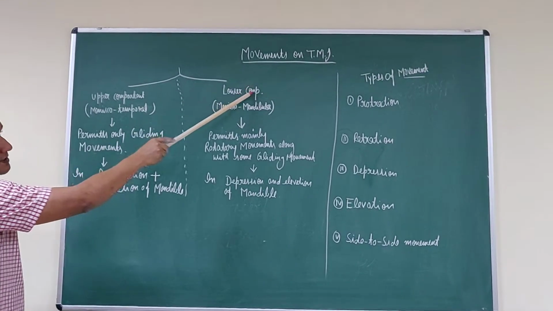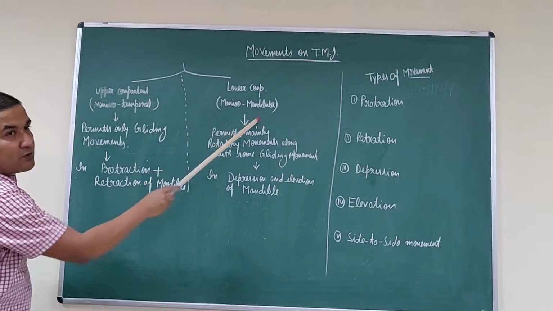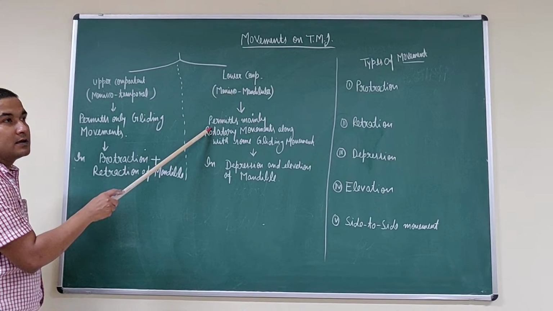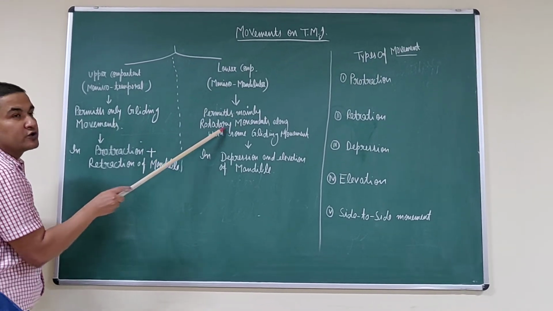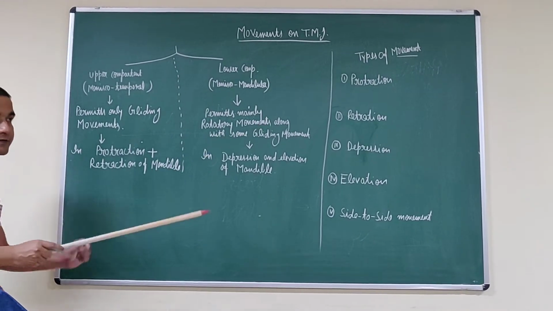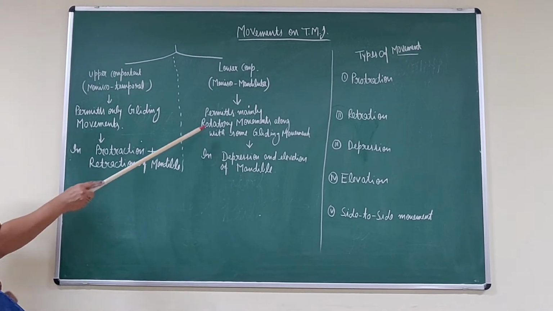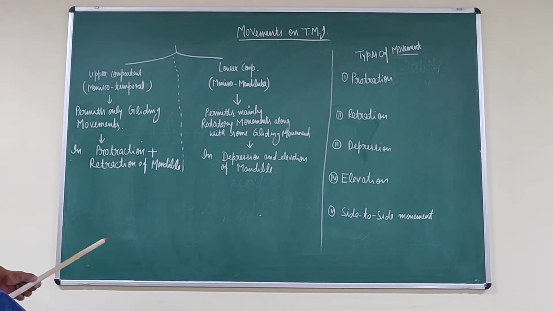While the lower compartment is also known as the meniscomandibular compartment, and this compartment mainly allows the rotatory movement of the head of the mandible on the inferior surface of the interarticular disc.